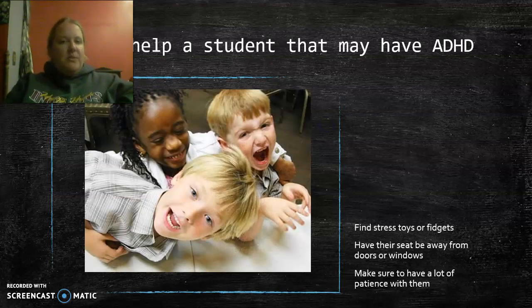Okay, how to help a student that may have ADHD. So again, I have one student that comes to mind. He's very antsy. He has to move all the time, always making noises, always rocking, always playing with things. The biggest pointers I have there would be find stress toys.